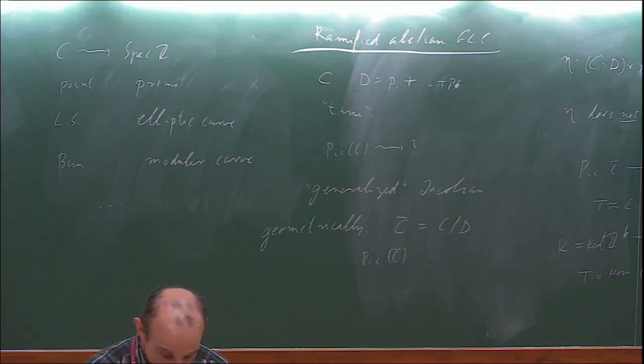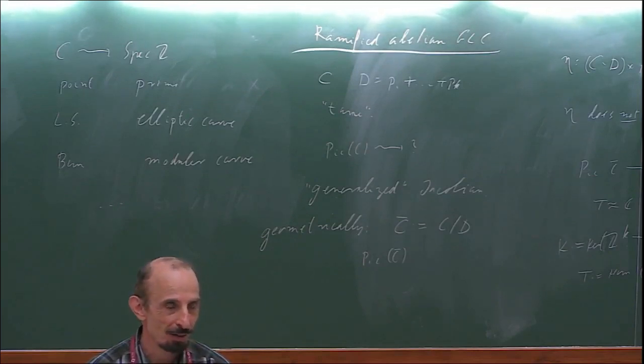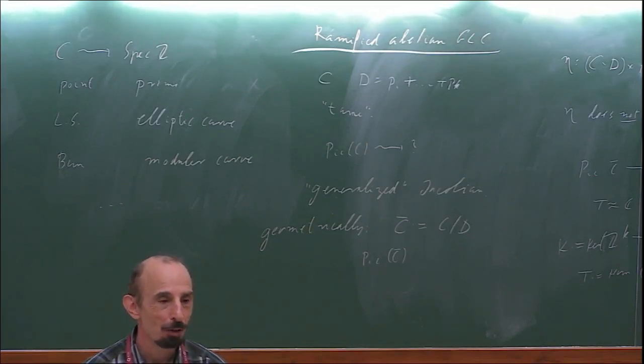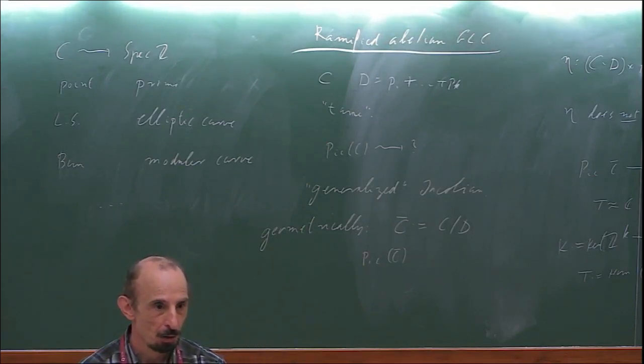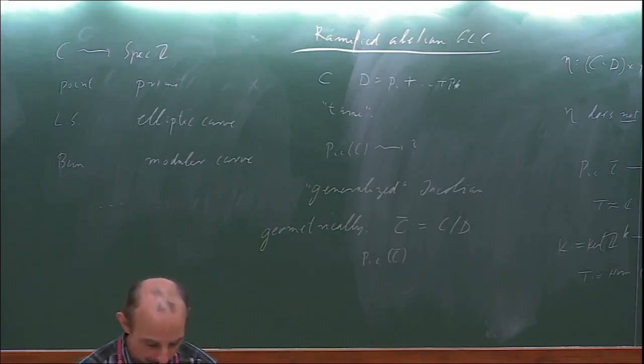So I'm going to tell you about the Hitchin system. I'm going to maybe add a few details to what we've already heard about the non-abelian Hodge, the high-dimensional version of Riemann-Hilbert, the equivalence between representations of the fundamental group, flat connections, and Higgs bundles, which are the things that occur in the Hitchin system.